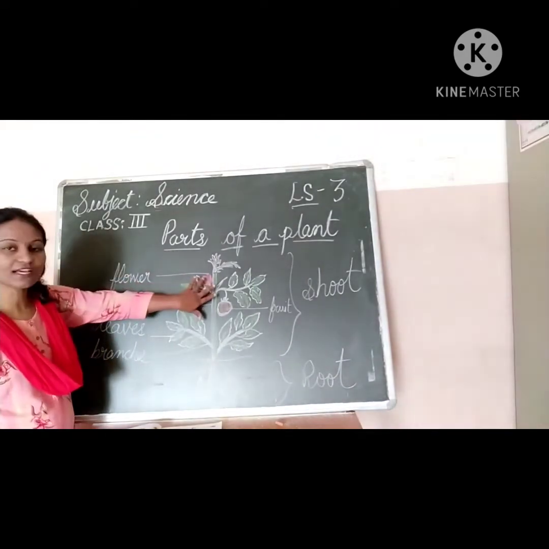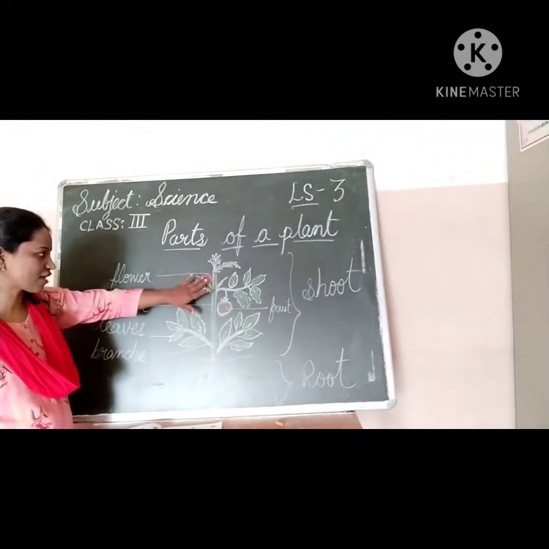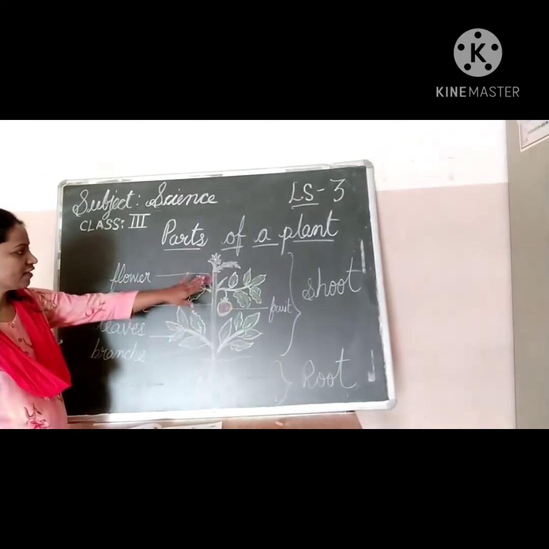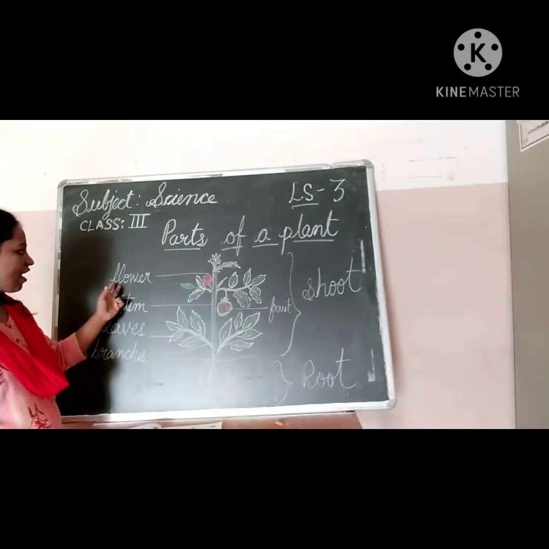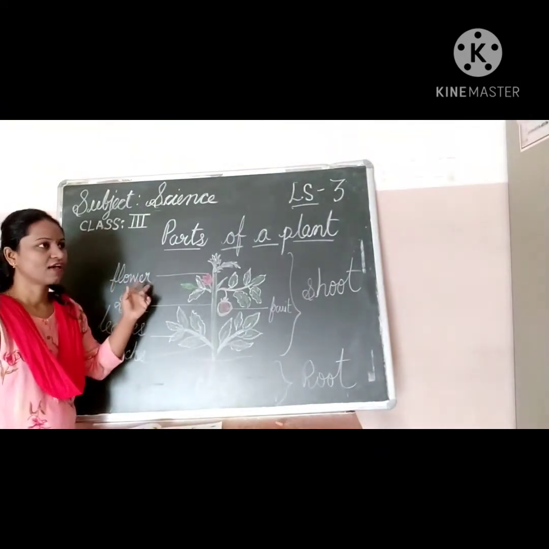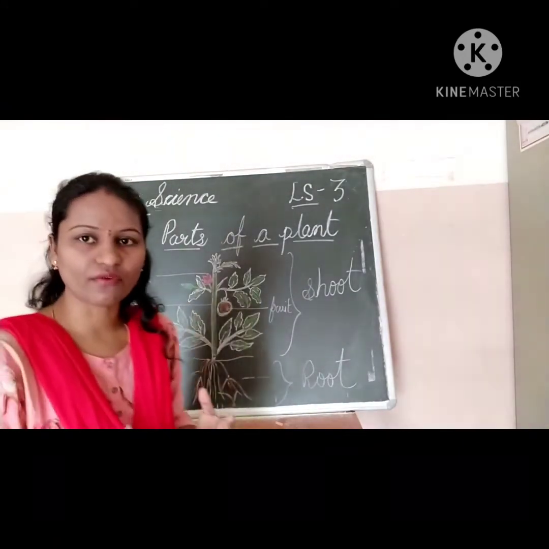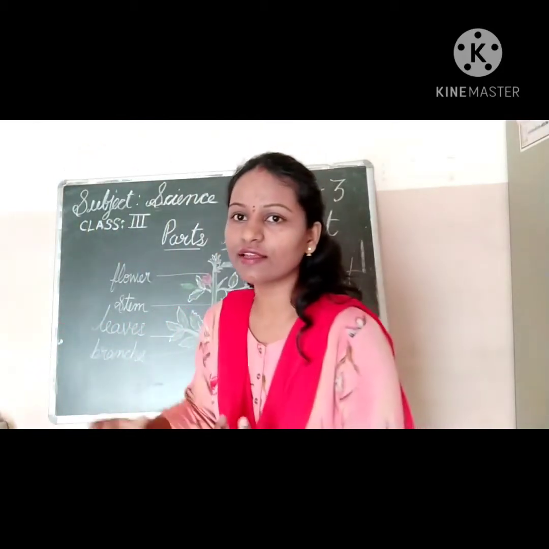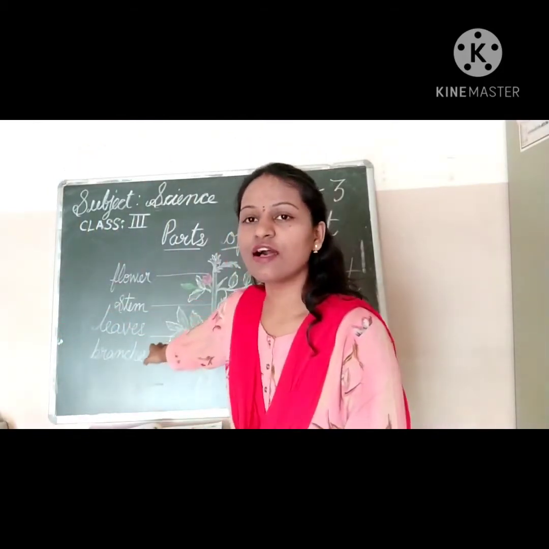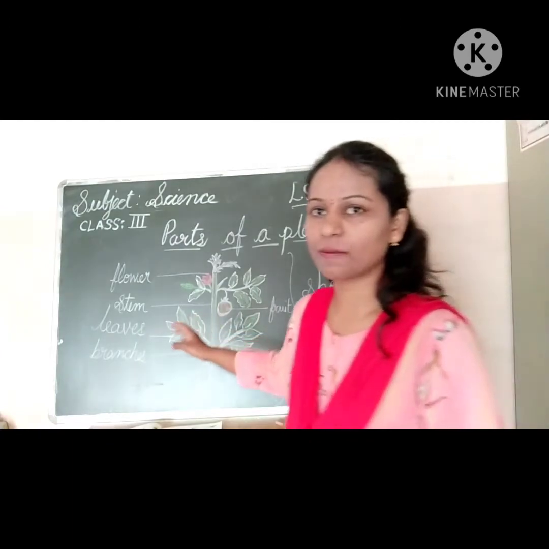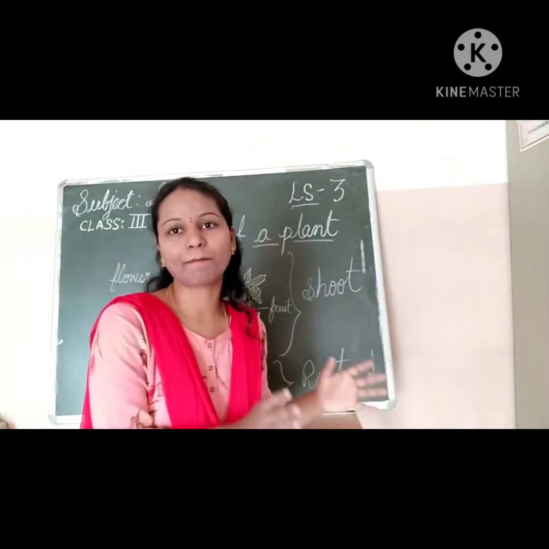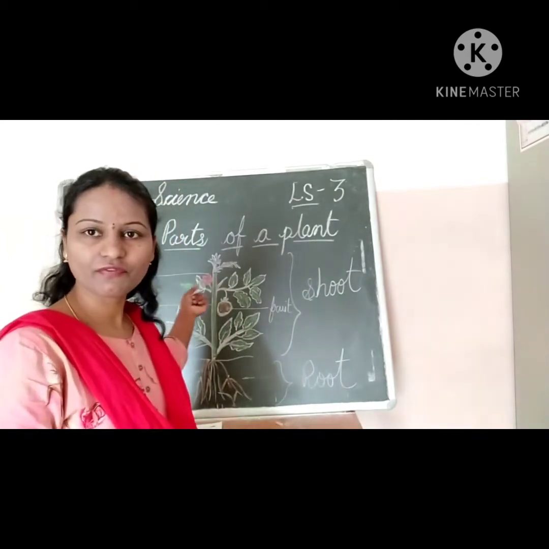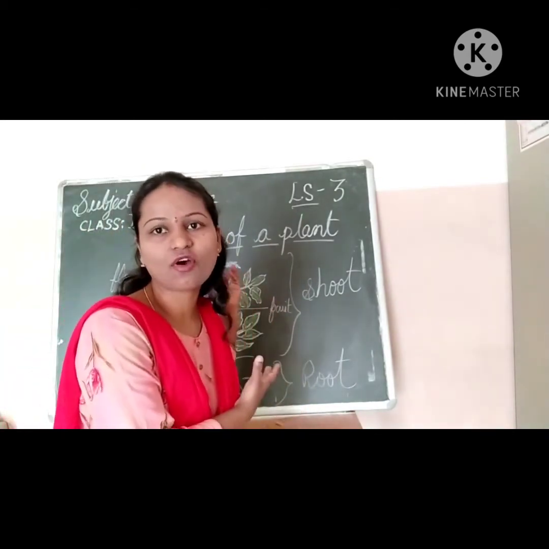Okay, children. Next one. If you see the pink color, this is a very attractive part of this plant. That is called as flower. What do you have to say? Flower. F-L-O-W-E-R. Wheat flour is also called as flour, but when we are speaking regarding the plants, that is called as flower.